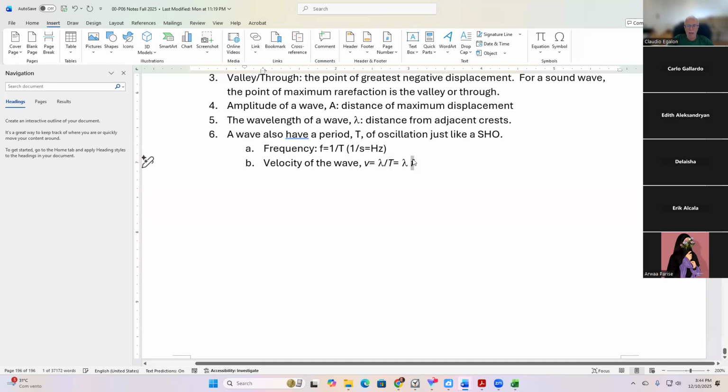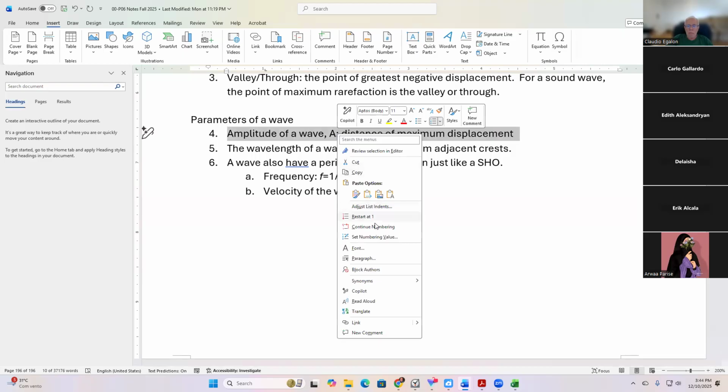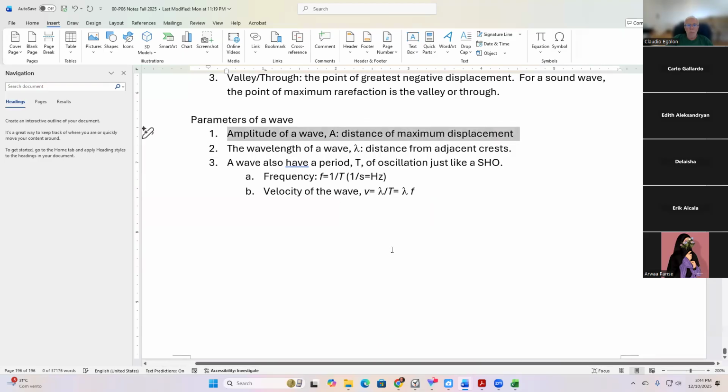It's 10:44. We are going to have our break very soon. Remember those important parameters of a wave, right? Let's see here, parameters of a wave. And then we can start remembering. We start at 1. Yeah, here you go.